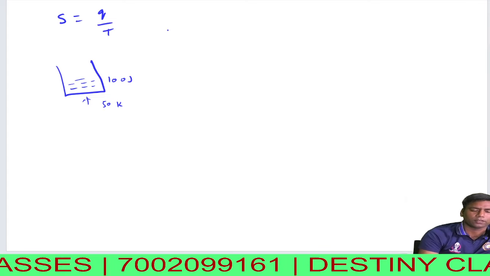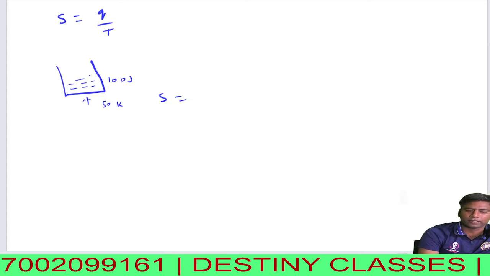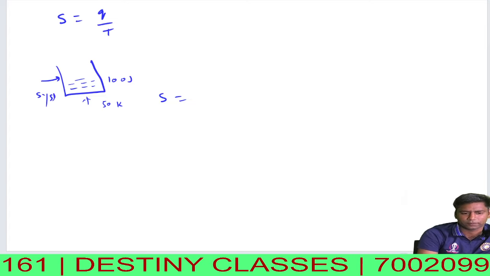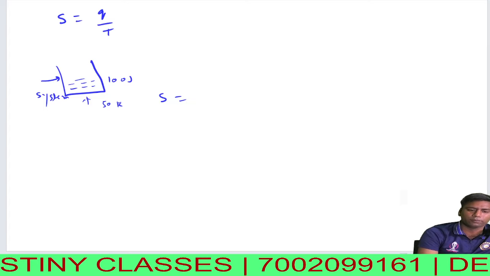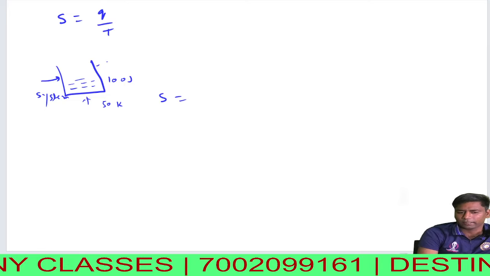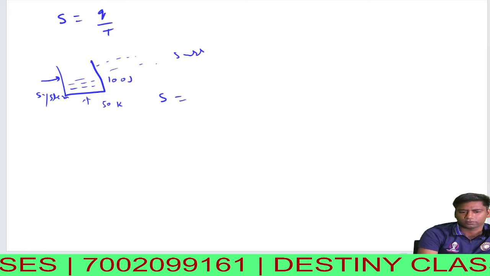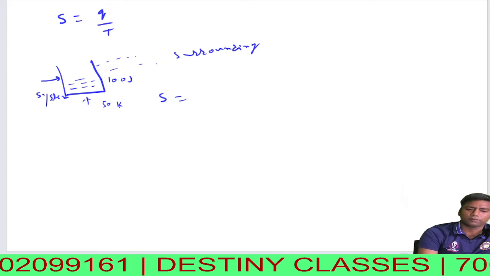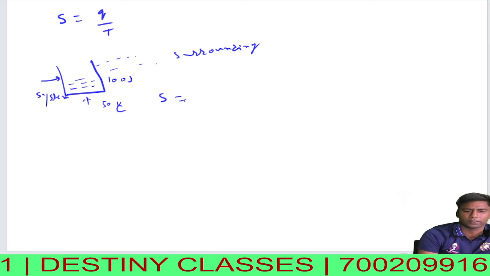So for the entropy, Q is 100 joule. This is the system, having heat 100 joule at 50 Kelvin, and it will lose the heat to the surroundings. You can also consider 50 Celsius, so we will understand it very clearly.